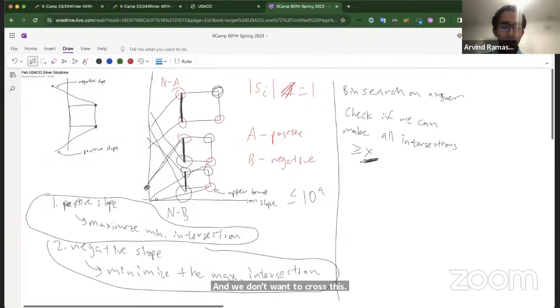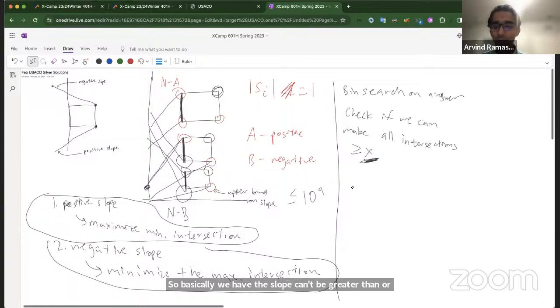So basically all of these things with positive slope, we have an upper bound on the slope of what comes from here. The slope can't be greater than or equal to a certain amount. So you have all these upper bounds, right?